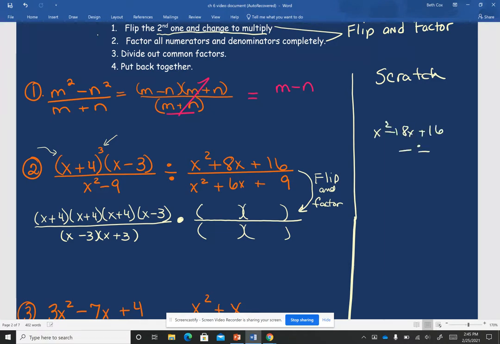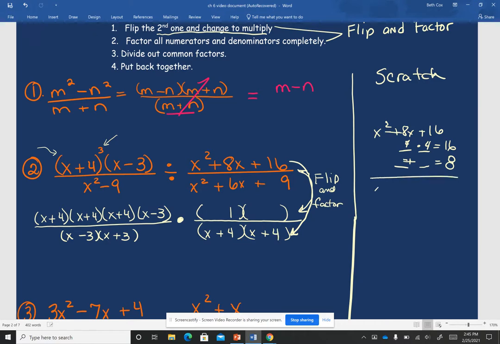I need two numbers that multiply to give me 16 and add to give me 8. Well, that would be 4 and 4. So this is going to be x plus 4. Wait a minute. I didn't flip. I got to flip it. That one's got to go down here. x plus 4, x plus 4.